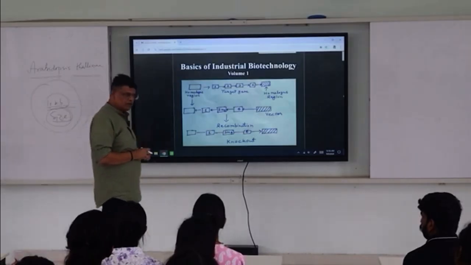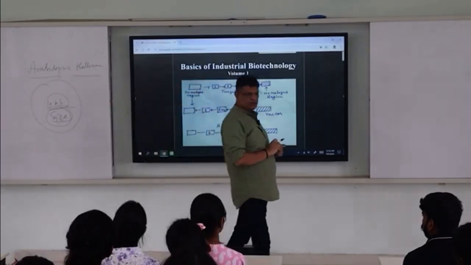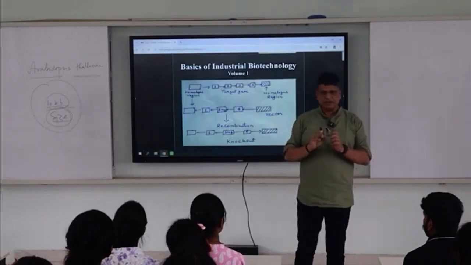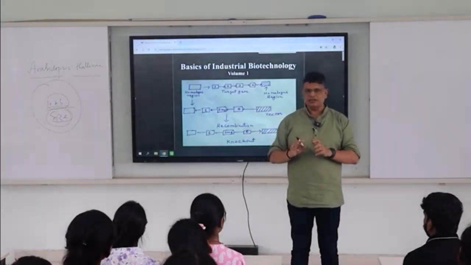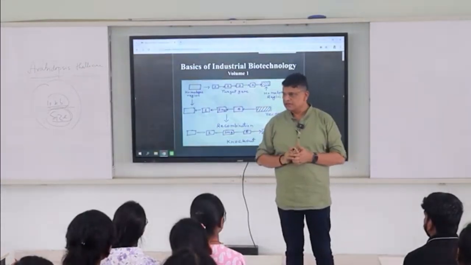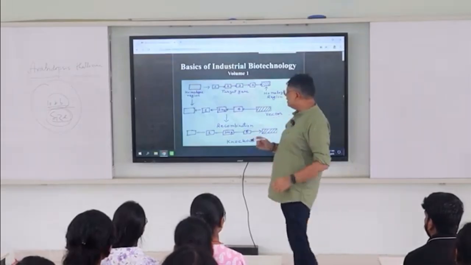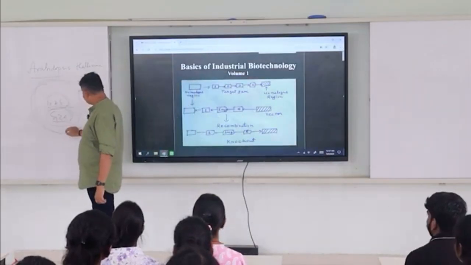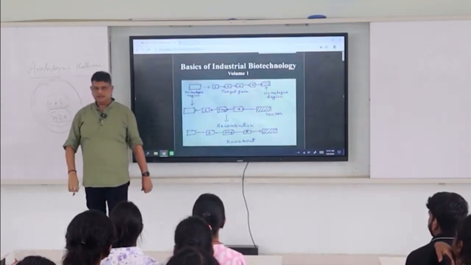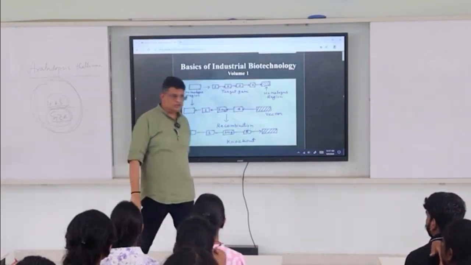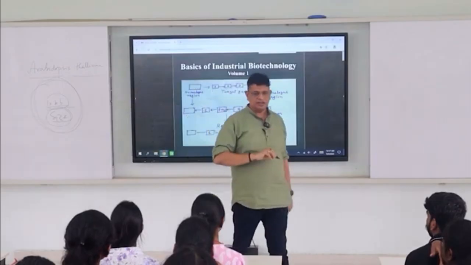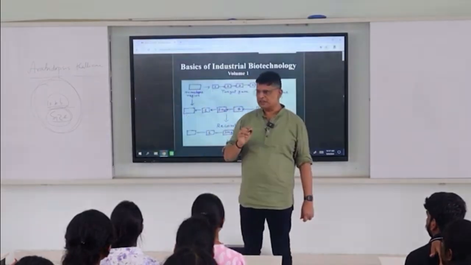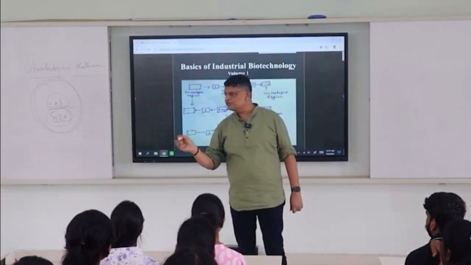If you take any genome and try to read it out, it will take years and years, decades and decades. Because let me tell you, 99% of the genes are sitting there in a different manner, they are not useful. So that is the basic question for us, how to make them useful.